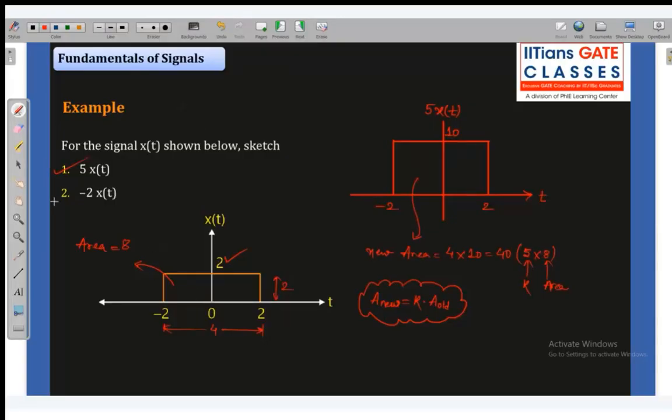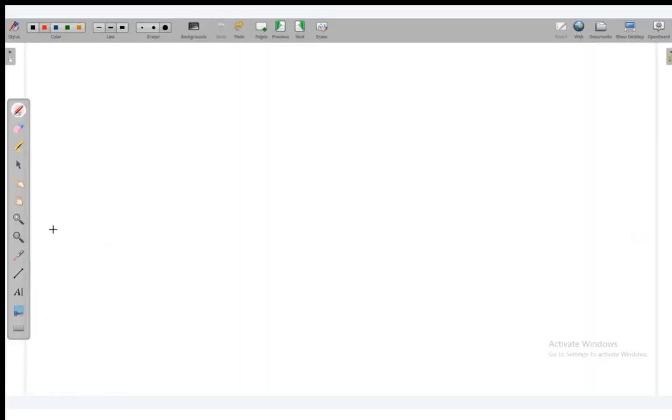Okay, now similarly you can consider this -2x(t). Now when you multiply this 2 by -2, it will become -4. So when it becomes -4, how do you draw it? It is the same signal, but now the height is -4. So it will vary from -2 to 2, and this is -2 times x(t).